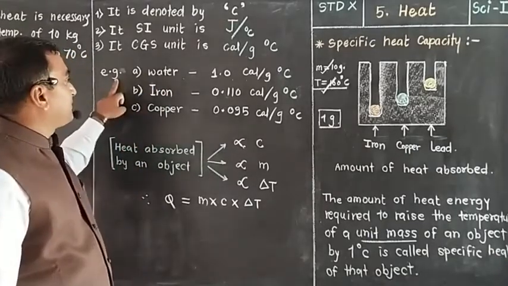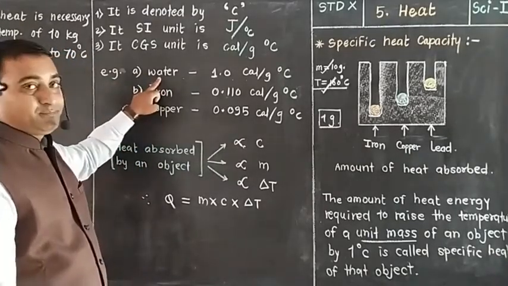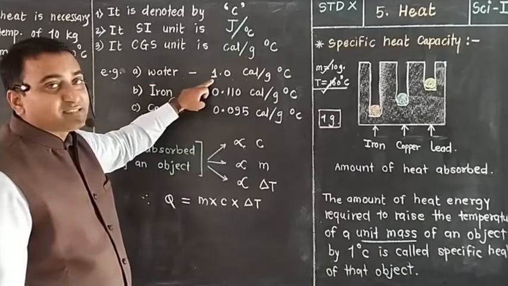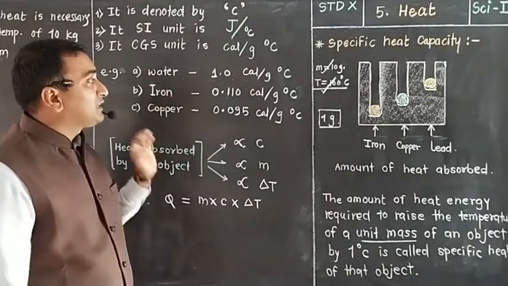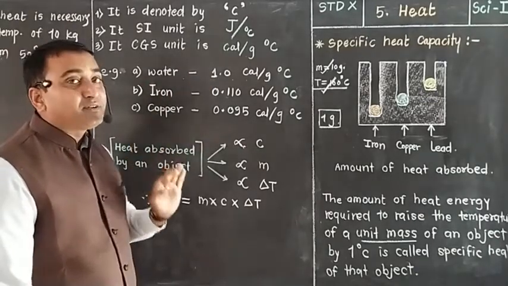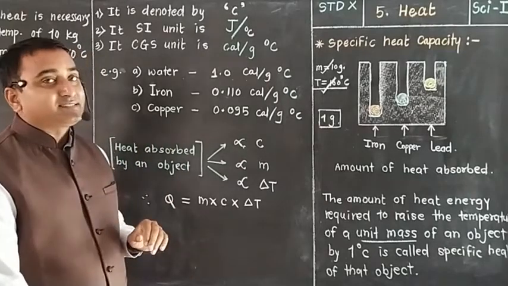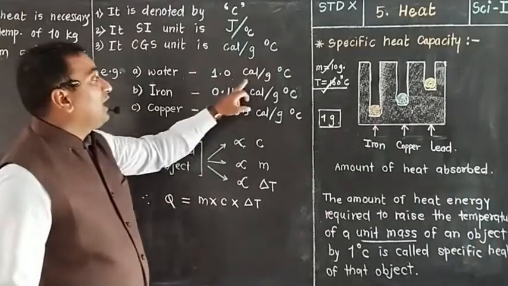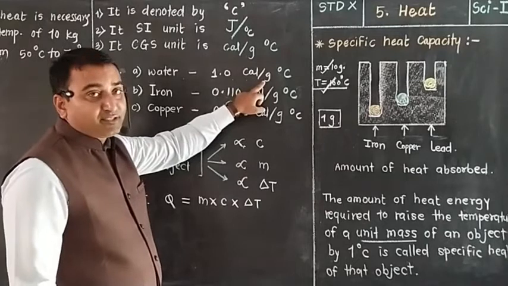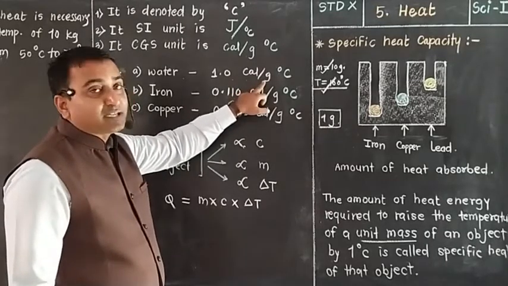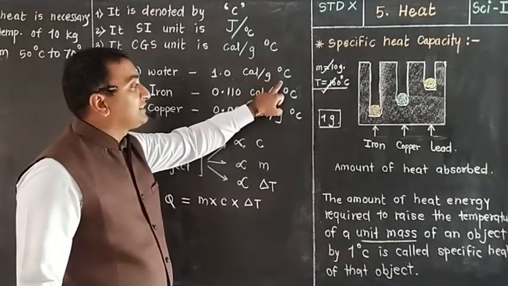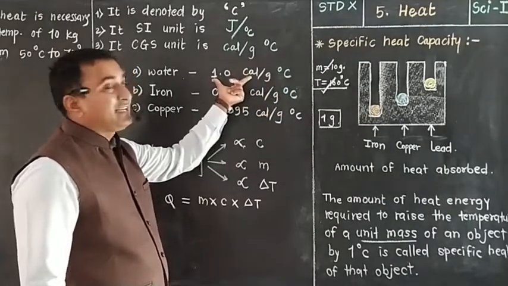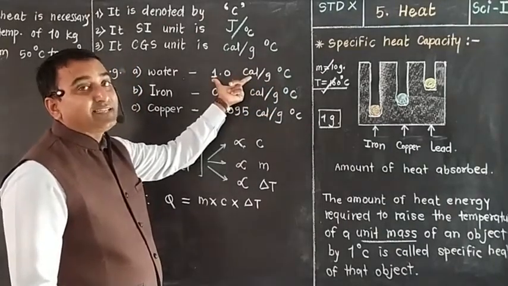Then what are the examples for this? See, the first example, you have considered water. Water's specific heat capacity is 1.0, that is 1 calorie per gram degree Celsius. Means what? If you take 1 gram of water and you want to increase the temperature of that water by 1 degree Celsius, then it needs 1 calorie of heat.